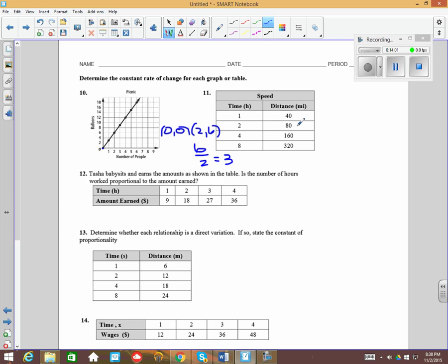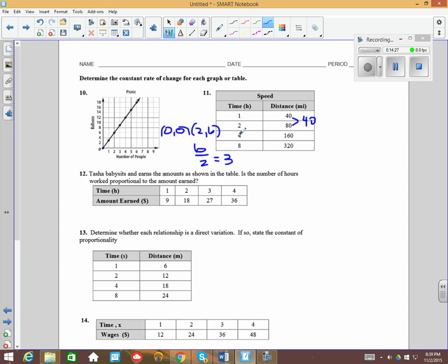So let's look at number 11. What is the constant rate of change? How is it changing constantly? From 1 to 2, it has changed by what? 40. And then 2 to 3 is not there, so you would add 40 to that, and whatever that answer was, you would add 40 to that to make it 4. That's how it gets 160.